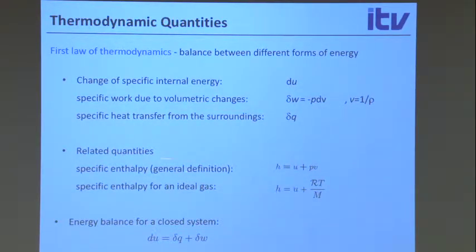Then we have defined enthalpy as U plus PV. For an ideal gas, PV is equal to RT divided by the molecular weight, which means the enthalpy is U plus RT divided by M. Because U is only a function of temperature for an ideal gas, it means also enthalpy is only a function of temperature. That's what we call a calorically ideal gas.